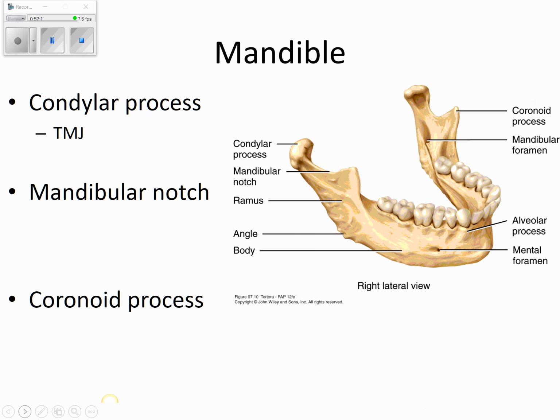Next, we have the mandible. So we have a few parts on here. You have the condylar processes, which is here. Some books will call it the mandibular condyle, so it's also known as the mandibular condyles. They form your TMJ, which is your temporomandibular joint, along with the mandibular fossa.